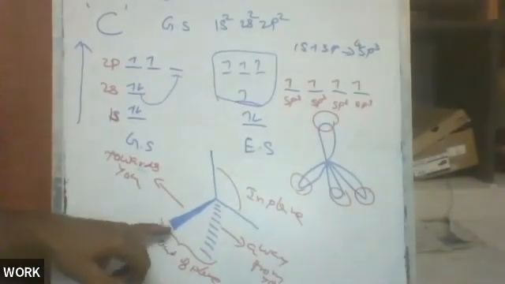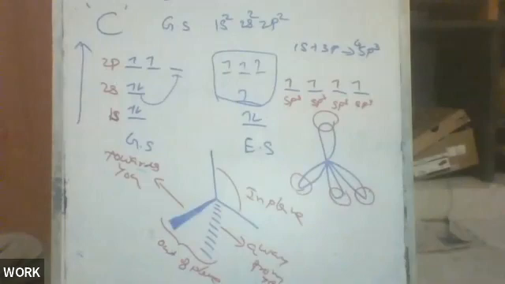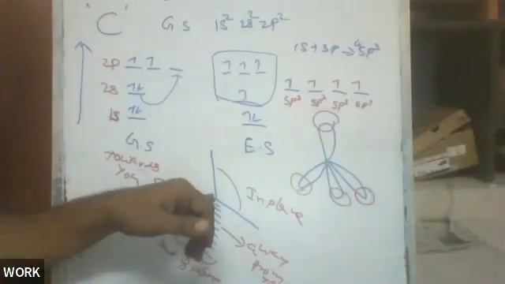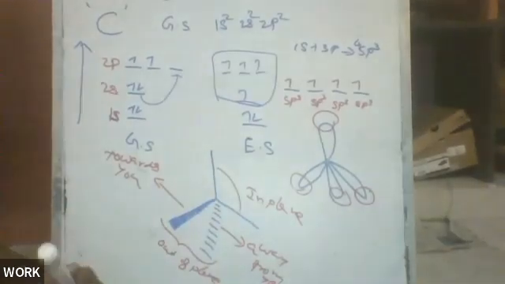The one towards you will be the thick line and the dotted line will be away from you. Is it okay?